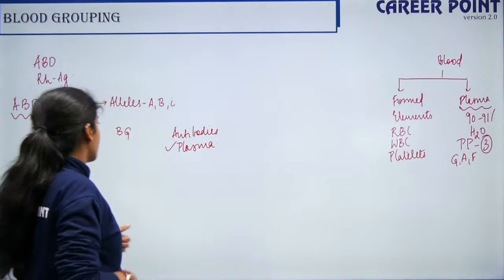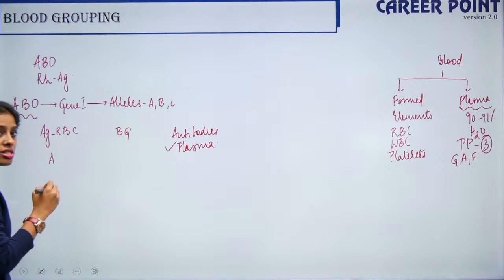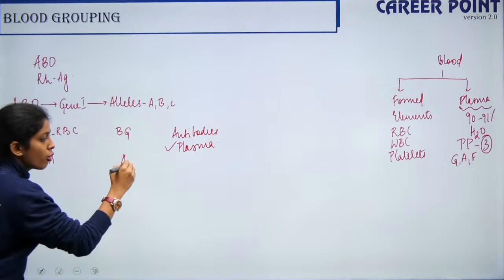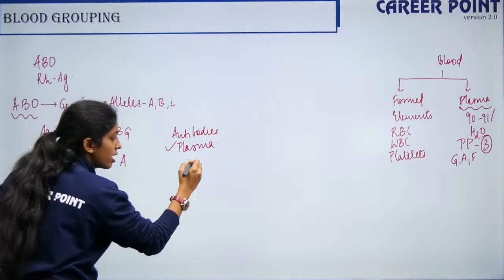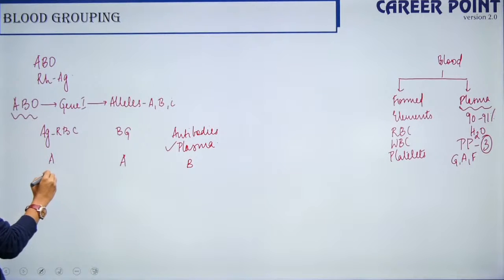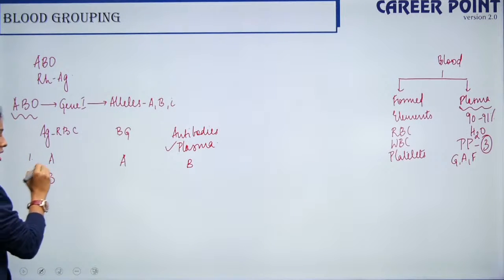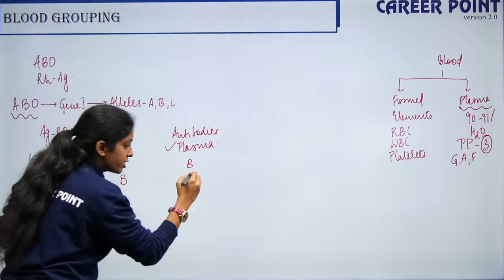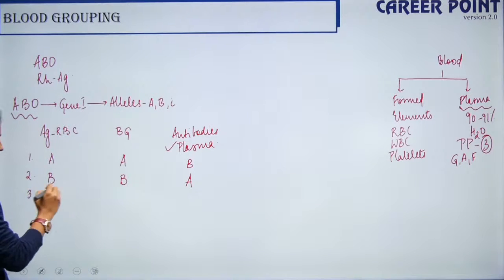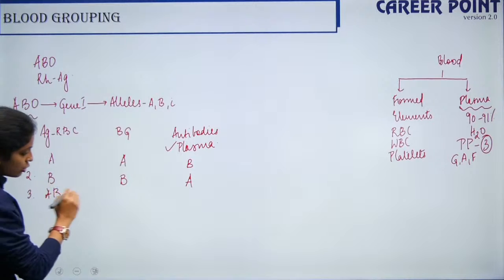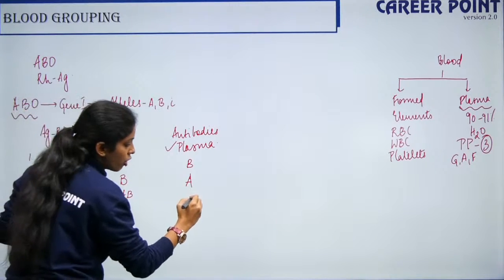Let's move forward. Suppose the A antigen is present on the surface of RBC: the corresponding blood group is A, and the antibody present in your plasma is B. When the antigen is B, the blood group is B and the antibody in the plasma is A. When the antigens are A and B, the blood group is AB, and there is no antibody.